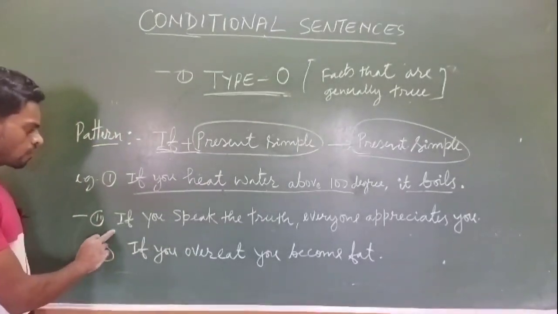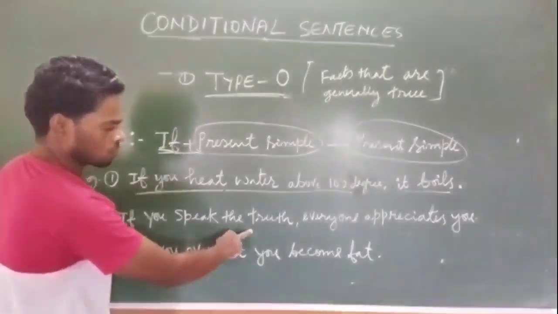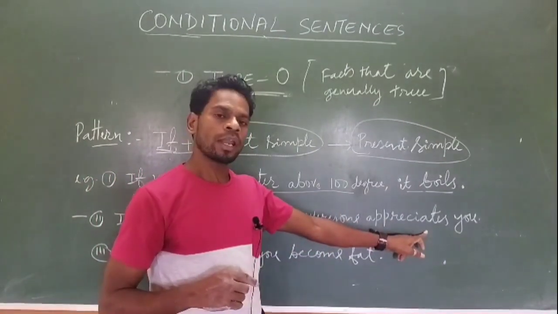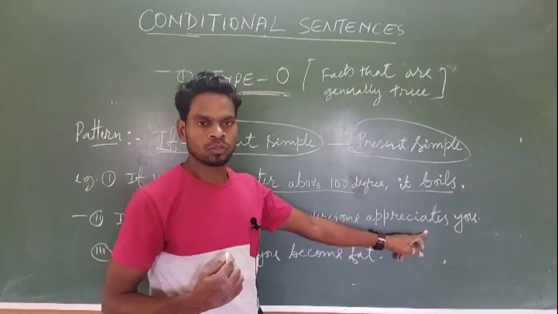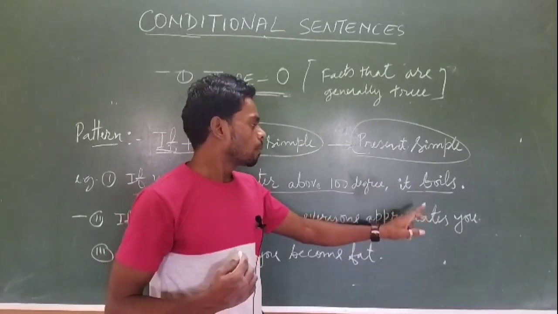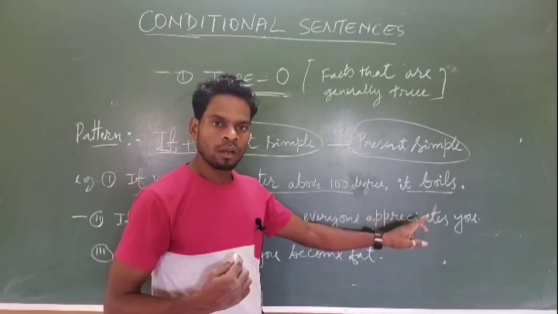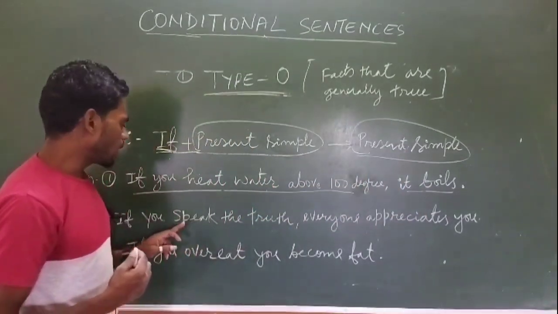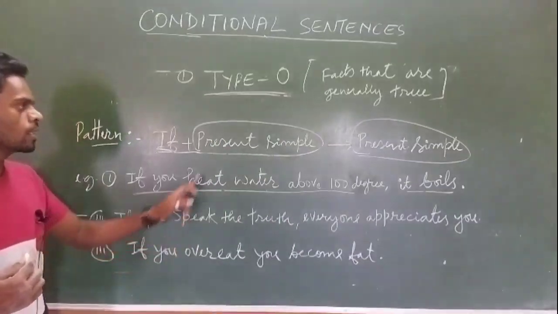Next example we have, if you speak the truth, everyone appreciates you. Everyone likes you if you speak the truth. So both the main clause or principal clause is in present simple tense, and even the if clause is in present simple tense.